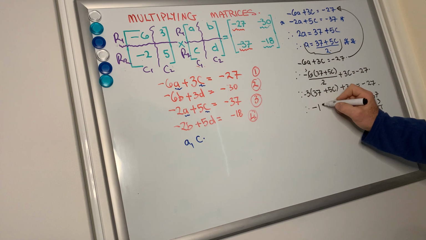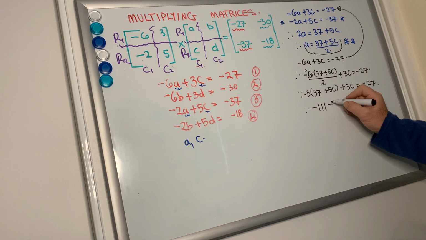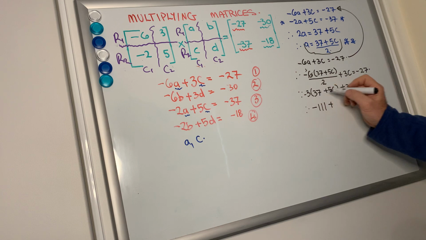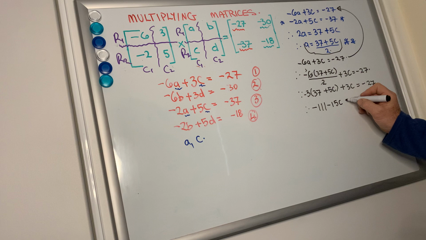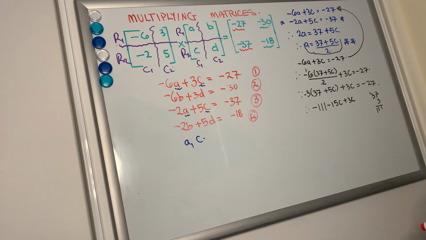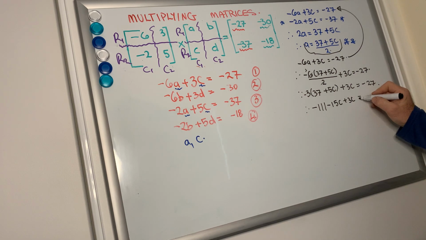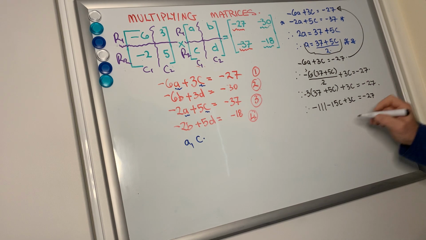So minus 111, plus, now it's 15c, if 3 5s are 15, but it's a negative, minus times a positive is a negative. So minus 15c plus 3c is equal to minus 27.